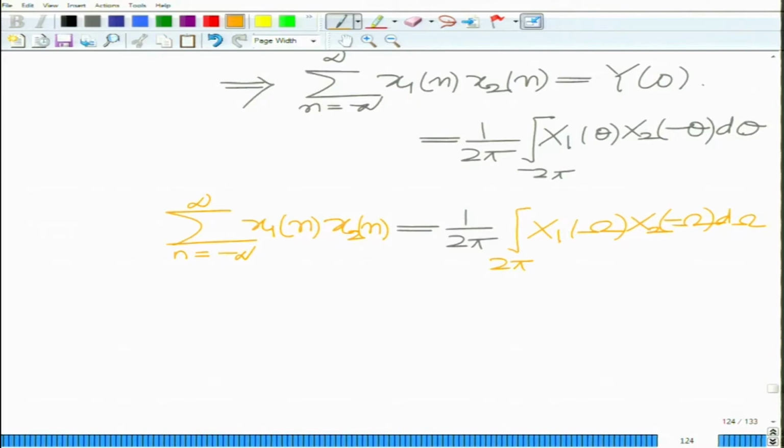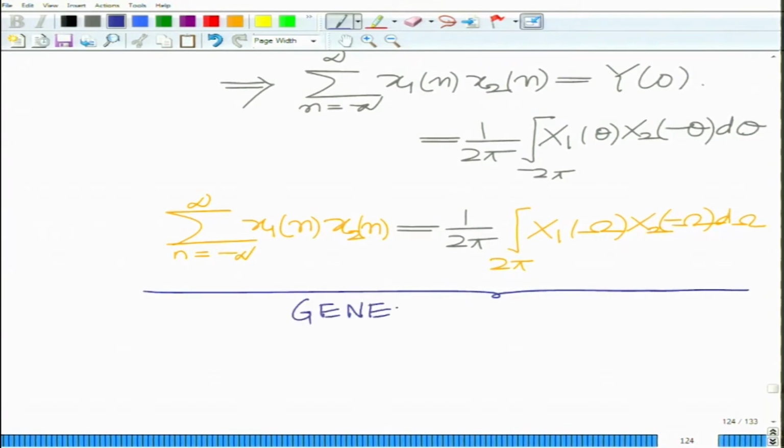You can think of this as the generalized Parseval's relation. In fact, this is a step ahead of Parseval's relation; it is much more general. It talks about two different signals x1[n] and x2[n].